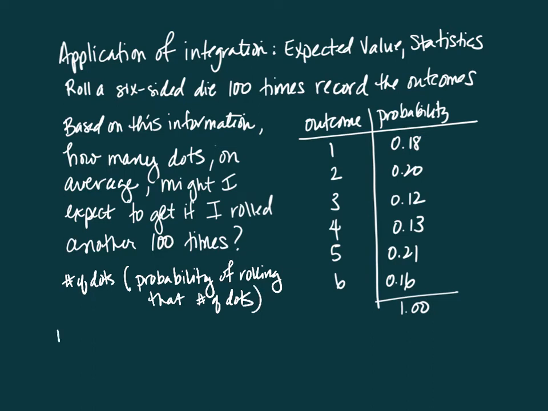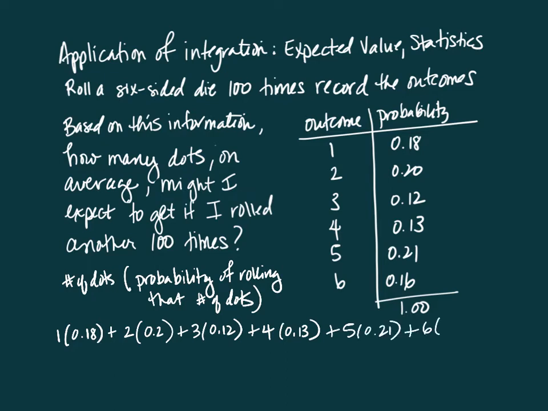So I'm taking 1 dot times a probability of 0.18, plus 2 dots times 0.2, plus 3 dots times 0.12, plus 4 dots times 0.13, plus 5 dots times 0.21, plus 6 dots times 0.16.